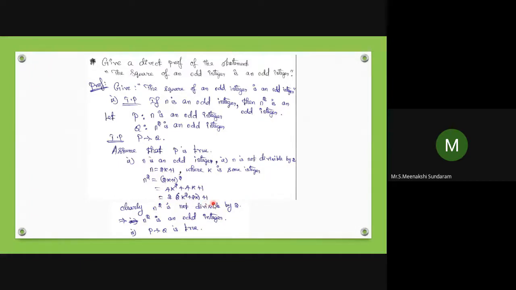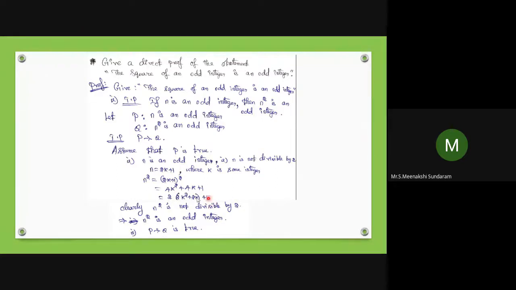Any even number, if you add 1 or subtract 1, is an odd number. How do we check whether it is an even number? Any number that can be expressed as a product of 2 into some number, like 8 is 2 into 4, 10 is 2 into 5, or that is divisible by 2, is called an even number.